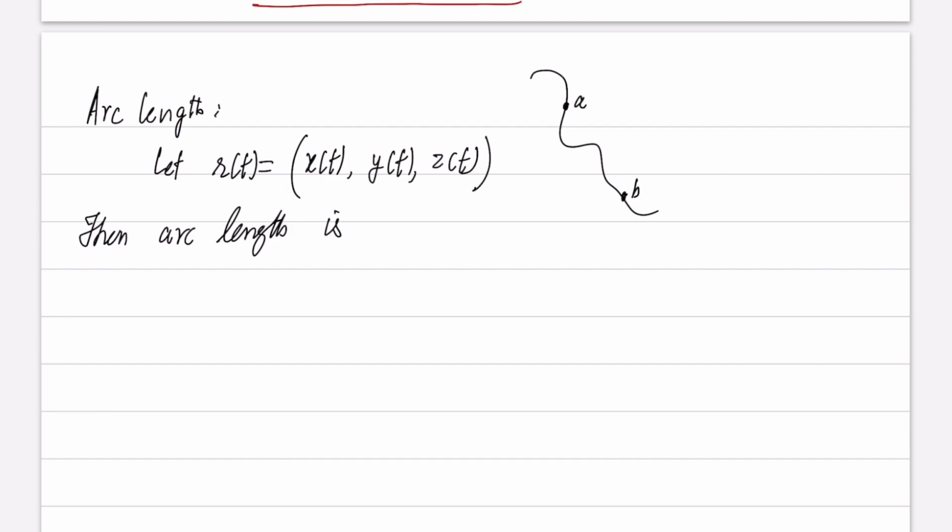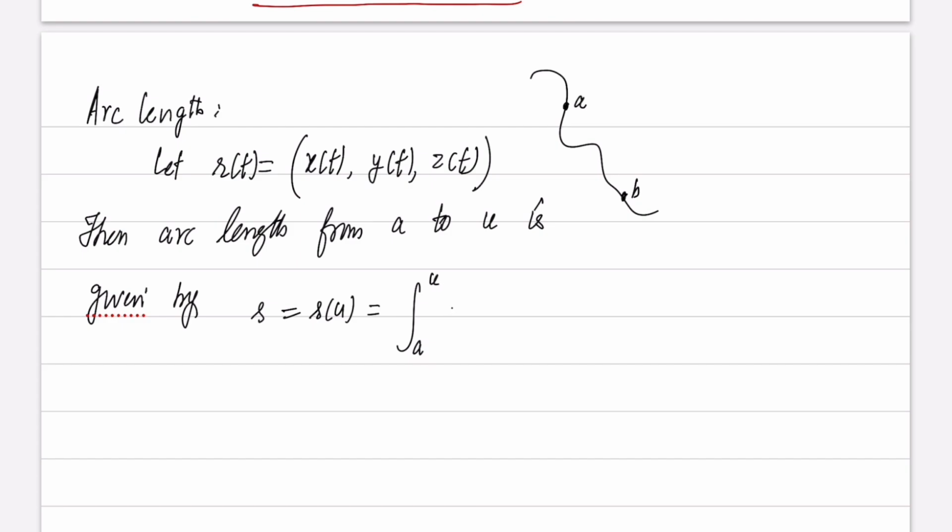Then the arc length from A to some point u, which we shall denote by s, a function s of u, is the integral from A to u of the norm of r dot of t, dt.